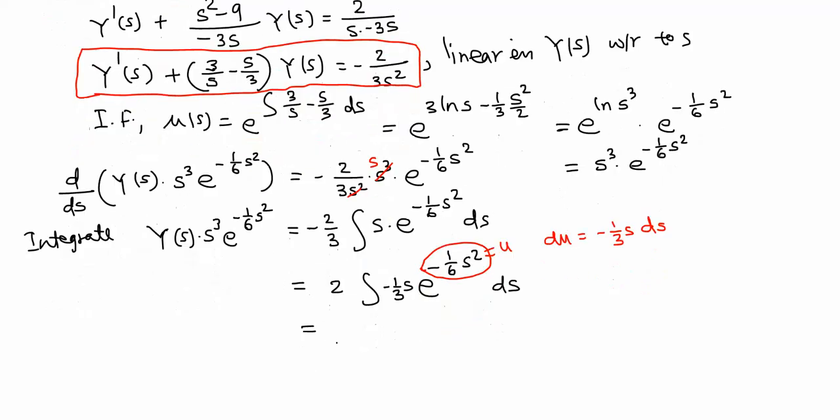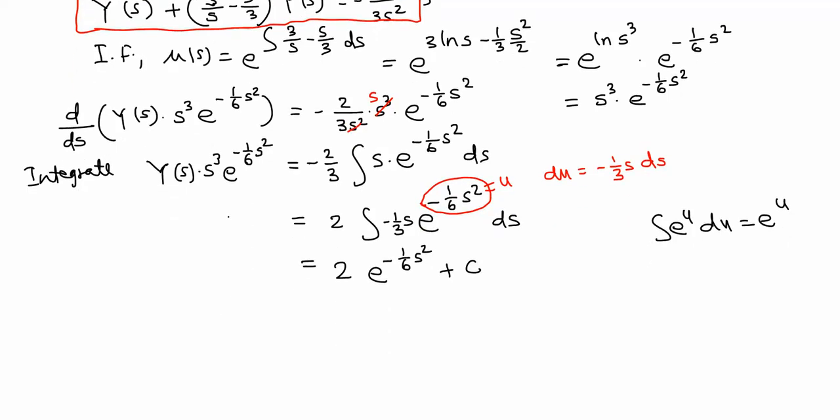So now it's basically the integral of e^u du, which is e^u, that means e to the negative 1/6 s squared plus c. Okay, we have y(s) times s cubed e to the negative 1/6 s squared, and to find y we divide by these two factors.